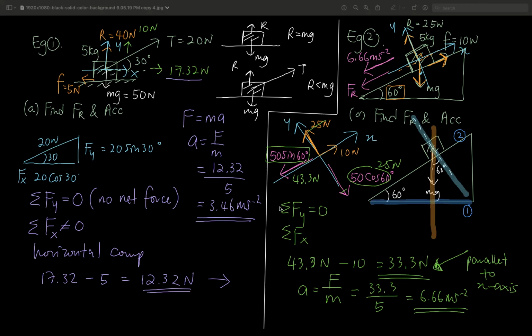An equilibrium system is when your sum of vertical components is 0 and your sum of horizontal components is also 0. This is an equilibrium system.